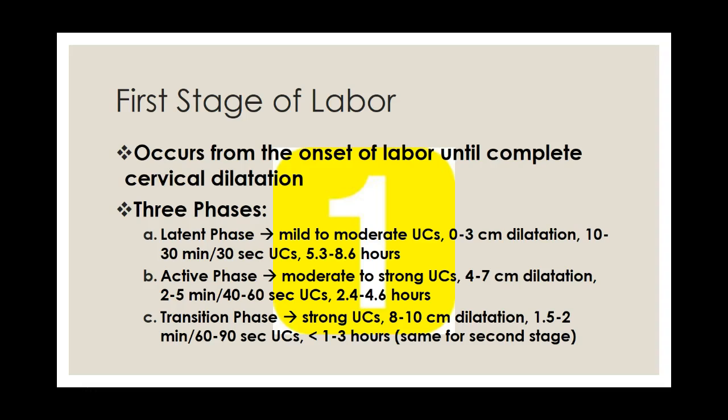In the active phase, things become a little more intense for mom. She fears a loss of control, and she's very focused. She has a sense of hopelessness because things are really starting to kick up a notch, and she's starting to really hurt. You can't usually get an epidural until you're about 4 centimeters dilated and your contractions are in a good pattern.